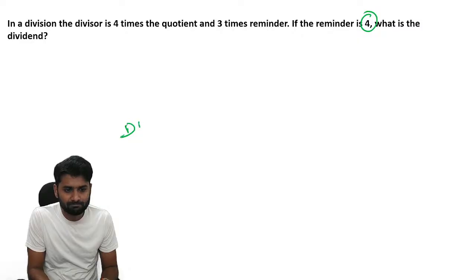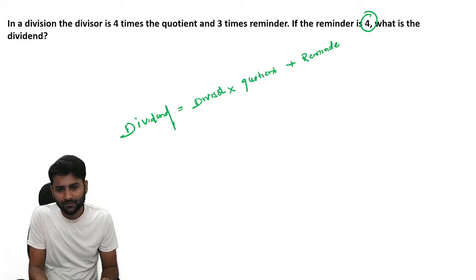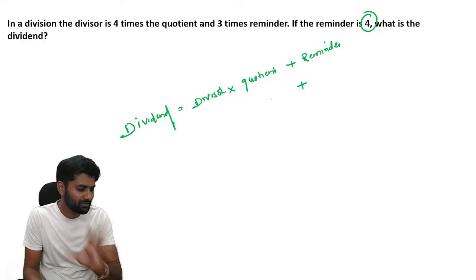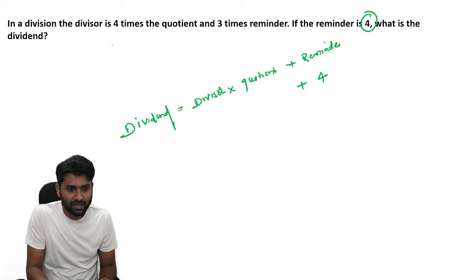See, you know the formula here. Dividend is divisor multiplied with quotient plus remainder. So if you know this, then you can directly substitute the values. Here they clearly mention that the remainder is 4. The information you should understand in this way: they are talking about the divisor.